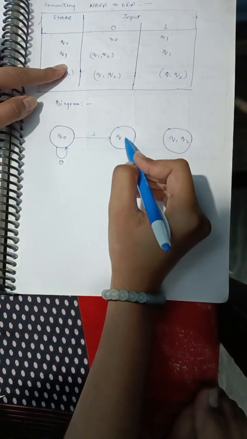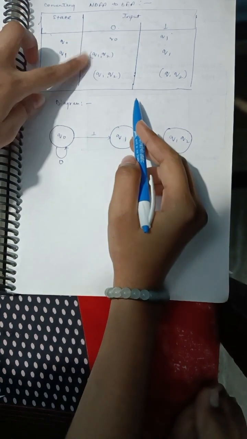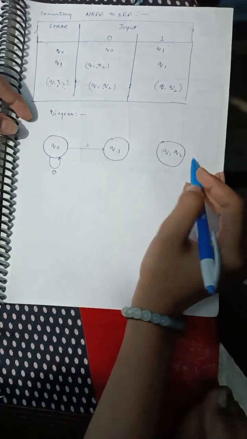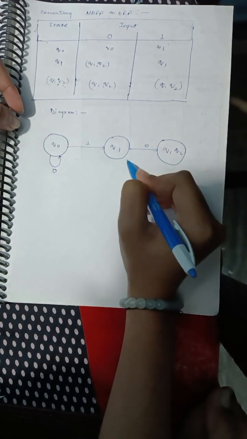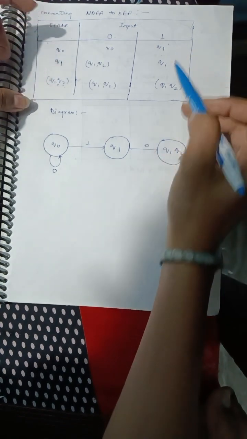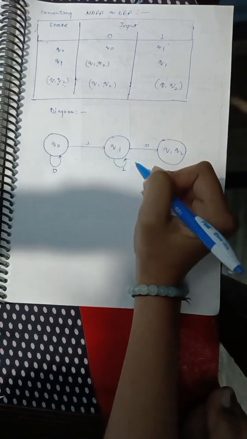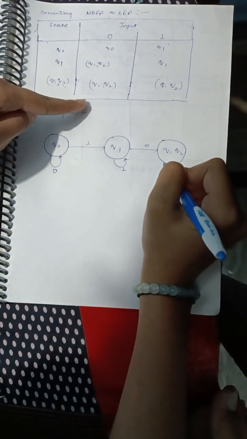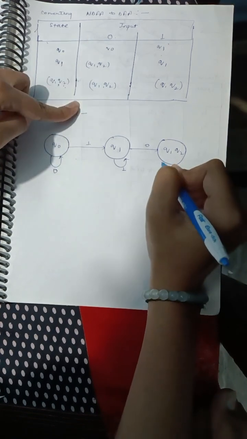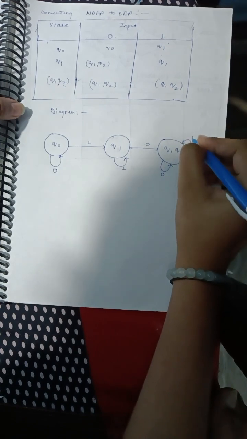For the Q1 state, the value at 0 is Q1 comma Q2, and the value at 1 is Q1 itself, represented as a loop. For Q1 comma Q2, the input value at 0 is Q1 comma Q2 itself, and at 1 it is also Q1 comma Q2.